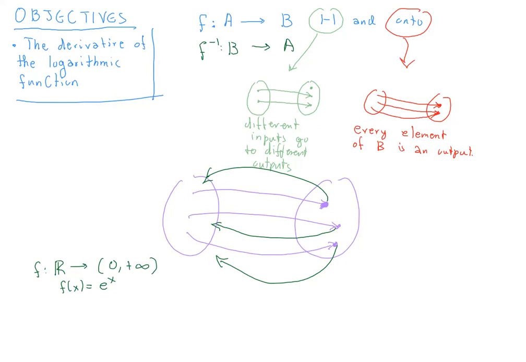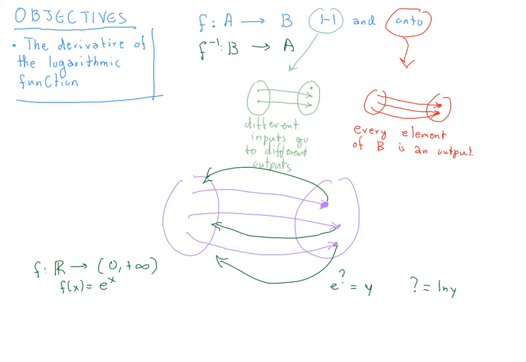Now, if somebody wants us to go back, meaning they give us a number y and ask, e to what number is equal to y, then we know that the answer to that question is the logarithm of y.